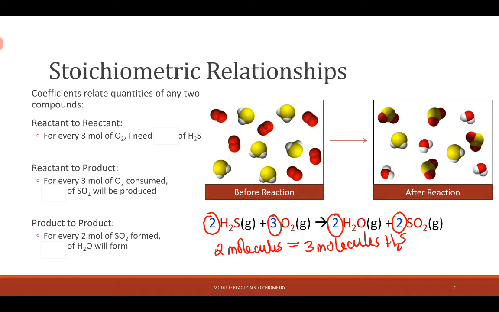But we know that there are 6.022 times 10 to the 23rd molecules in 1 mole. So if I used 24 molecules, I would need 36 molecules.